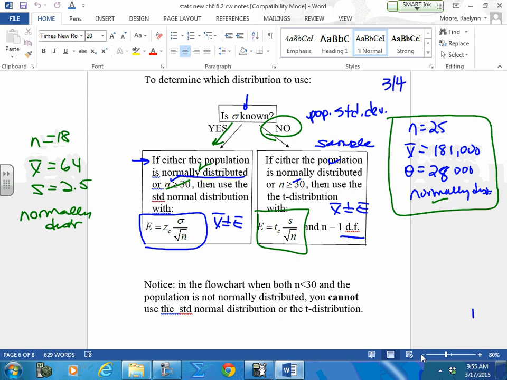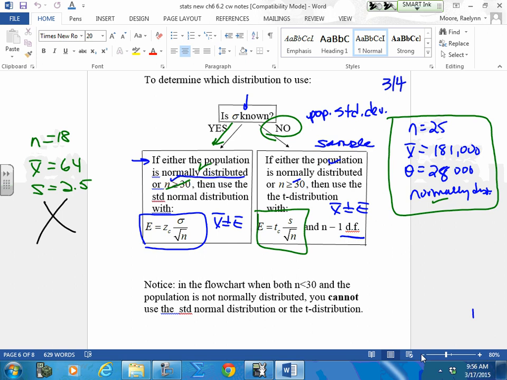If they told us this much information, but did not tell us that this was normally distributed, we would come down here and we would say, well, is it greater than or equal to 30? No. Is it normally distributed? They never told us that. No. Then, therefore, I can't do anything. I say, nope, can't use it.